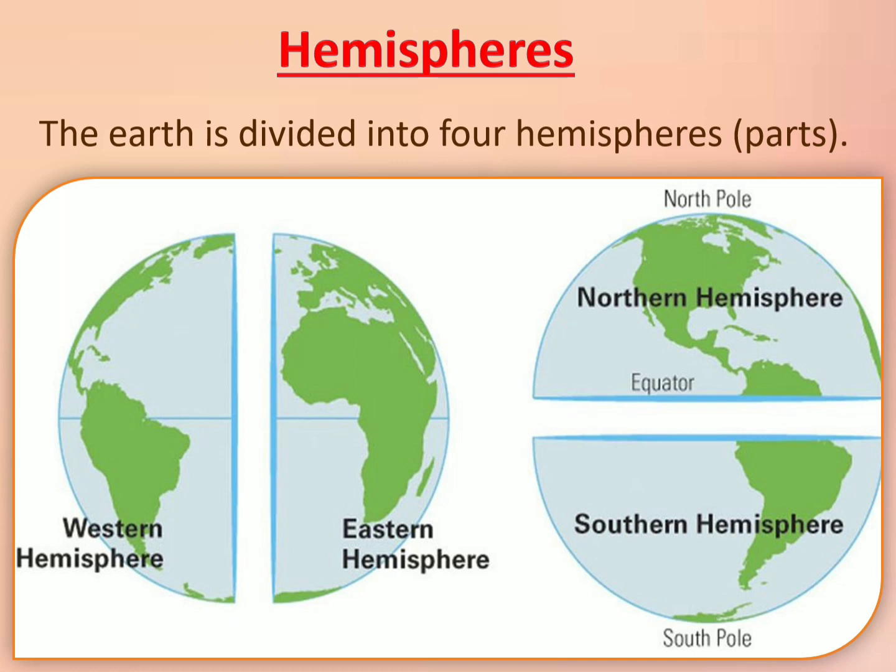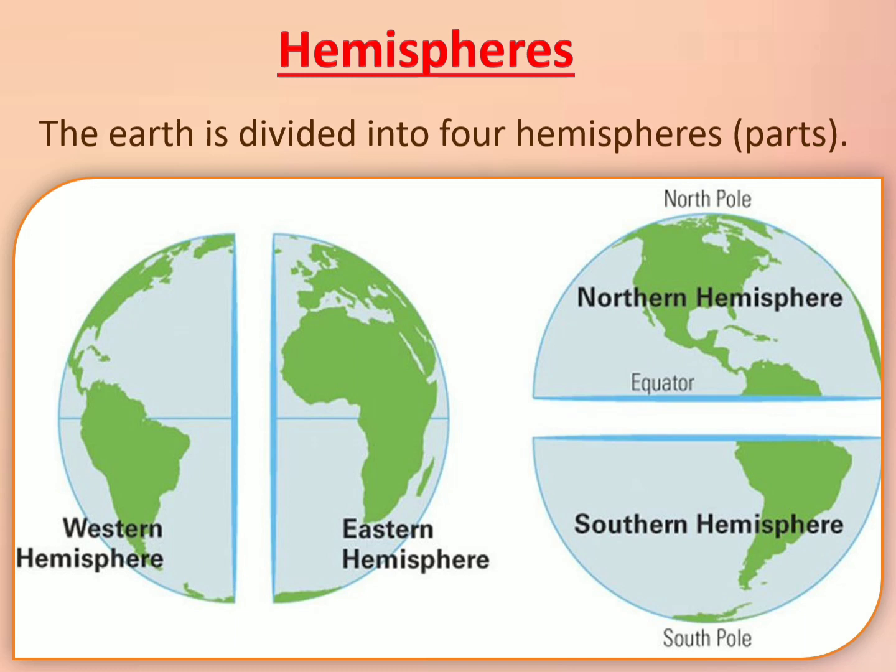Hemispheres. Okay, the 0 degree latitude called the equator passes horizontally from the center of the earth, from the west direction to east. Now see, in this image you can see that the equator is passing and it is dividing the earth into two parts, north and south, right?